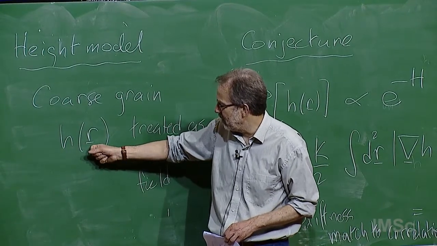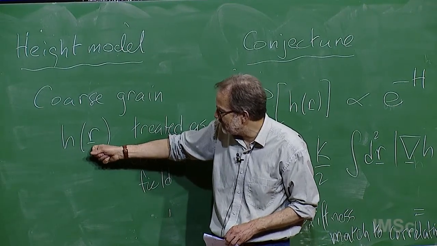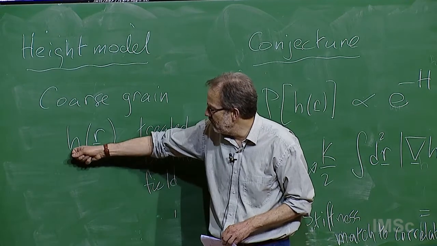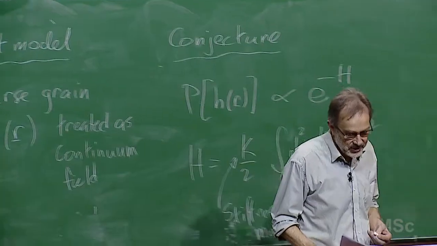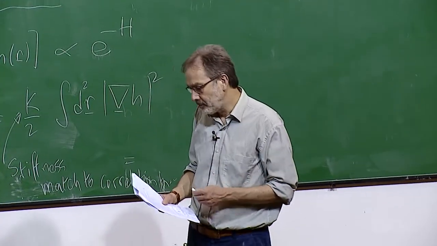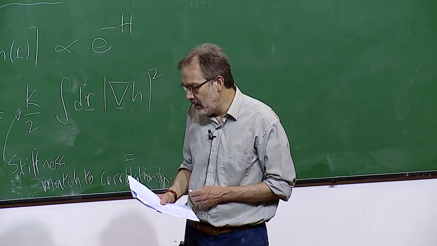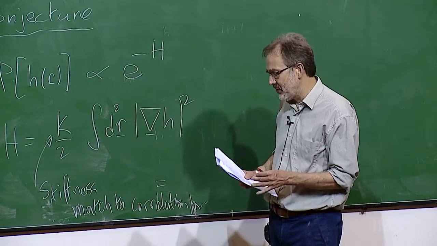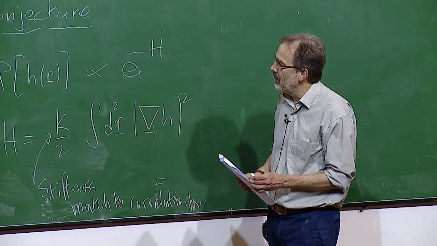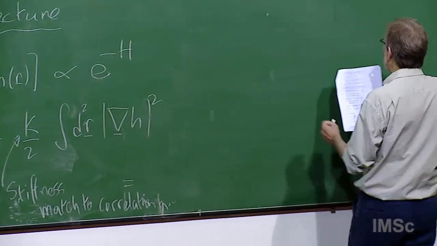We forget about the fact that the sites were on a lattice, but also we forgot that H was integer valued originally. And so one thing that you should worry about is whether that's a serious approximation or not.